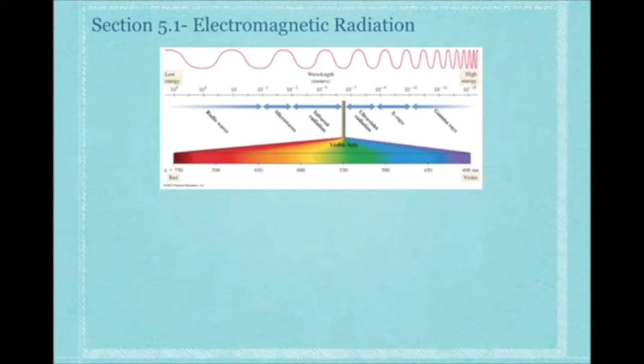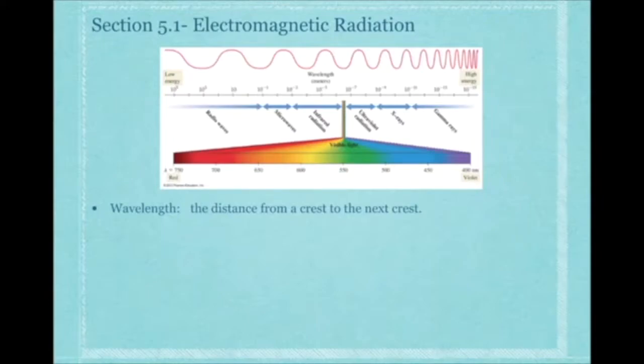Looking at this, there are three different quantitative values I can give for these waves, this electromagnetic radiation. The first one is wavelength. Wavelength is the distance from one crest to the next. If you look on the far left-hand side of these waves at the very top, those have the highest wavelength because there's the greatest distance between your crests or your peaks.